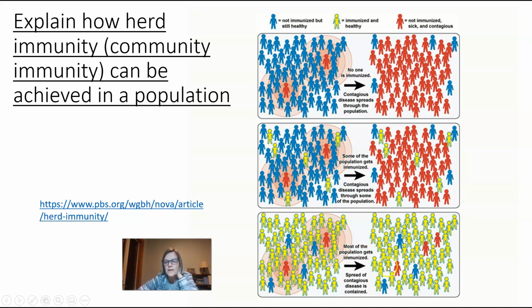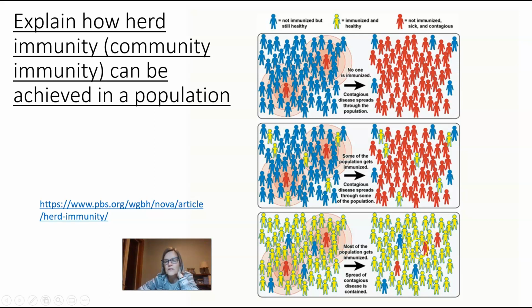And what's going to happen? These red ones can spread that disease, but look, they were pretty much surrounded mostly by people that have been immunized. So you pass it to somebody who's been immunized, they don't get sick, they don't pass it to anyone else. And what can happen is some of these folks that were not immunized are actually protected from getting sick. And that's what we call herd immunity.